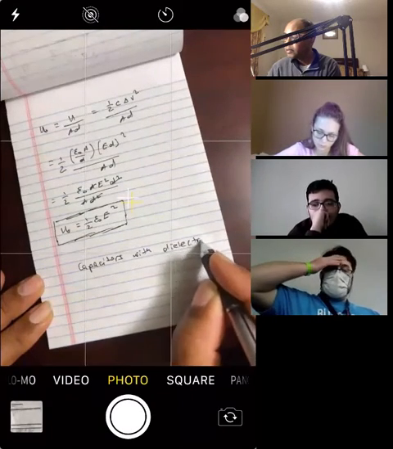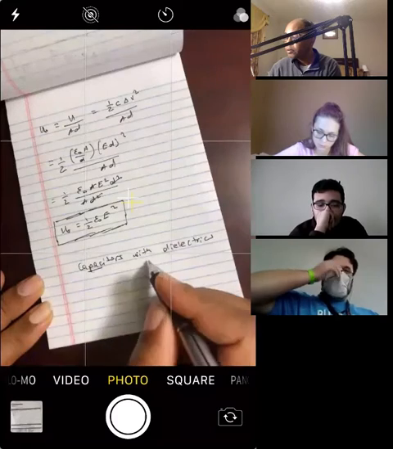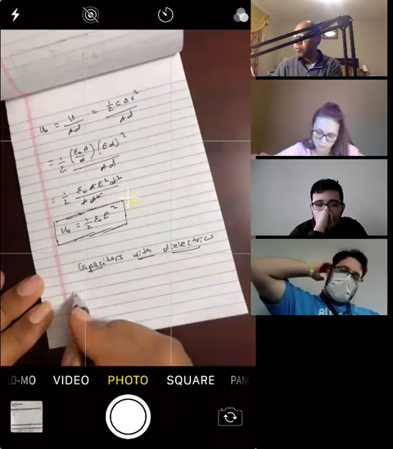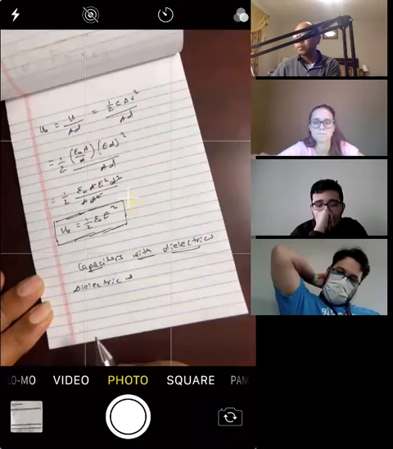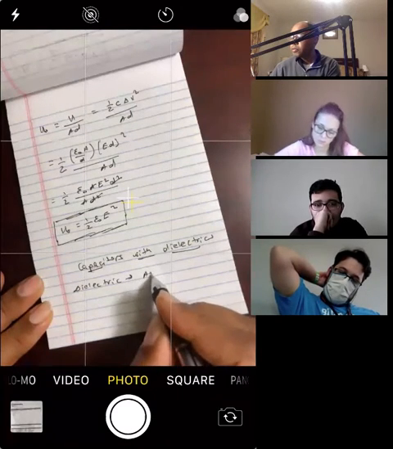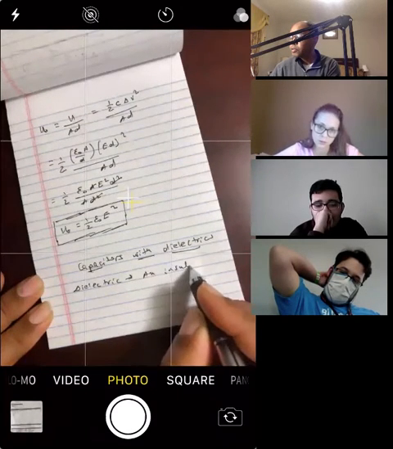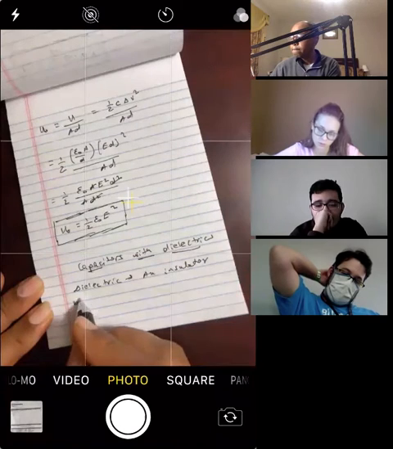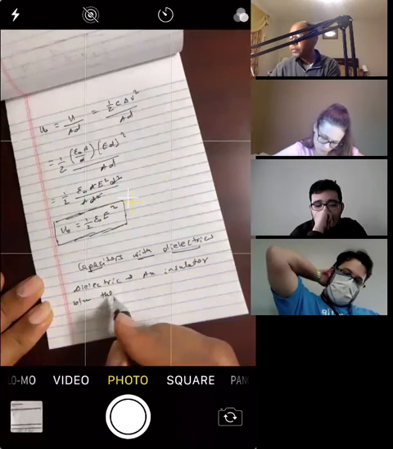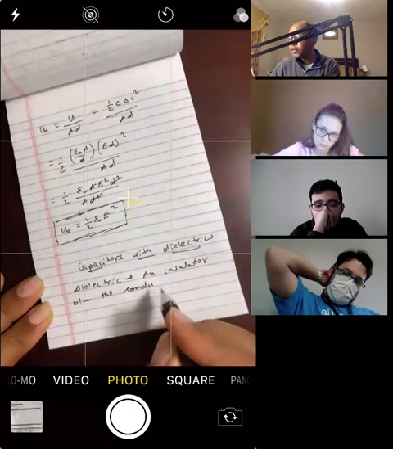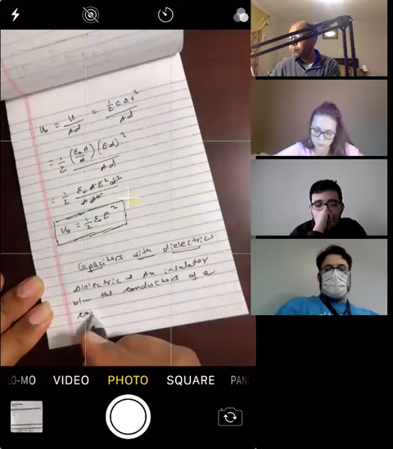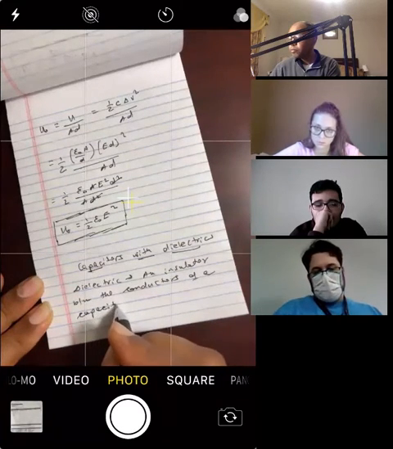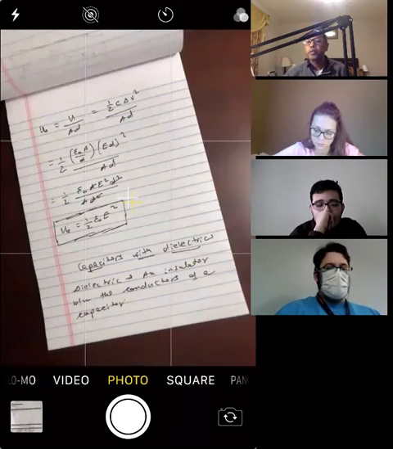A dielectric is an insulator between the conductors of a capacitor. So far we've been dealing with vacuum or air, but now we're going to put an arbitrary insulator between the conductors of the capacitor.